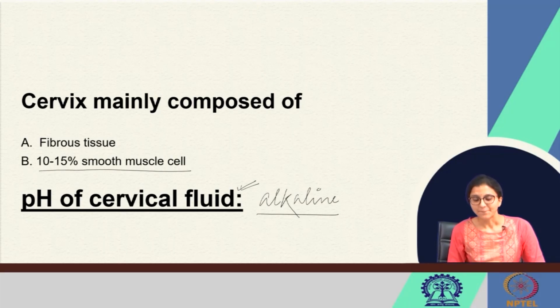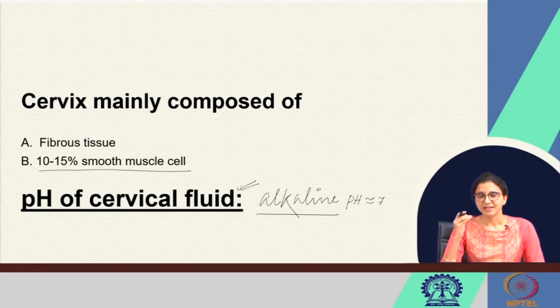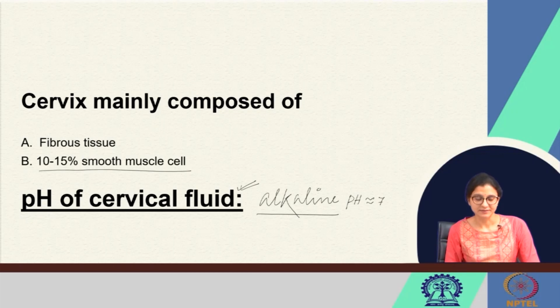But the cervical pH is alkaline. It remains around 7 to 7.4. So, cervical pH is alkaline, vaginal pH is acidic. You need to remember this in the subsequent slides.